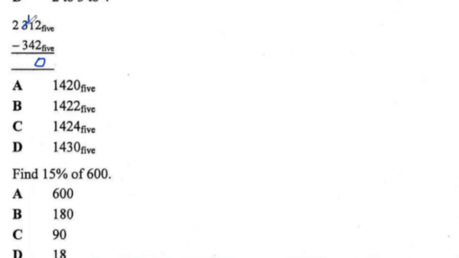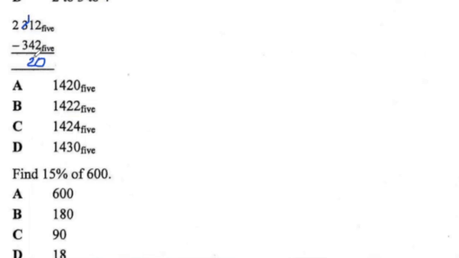We subtract 4 from 1, it's going to give us 2. I don't know if you understand. Since it's in base 5, 6 is going to be 11, which is 1. We subtract that, it's going to give us 2. Or we can say 6 minus 4 will give us 2, but in base 5 we say 1 minus 4 will give us 2.